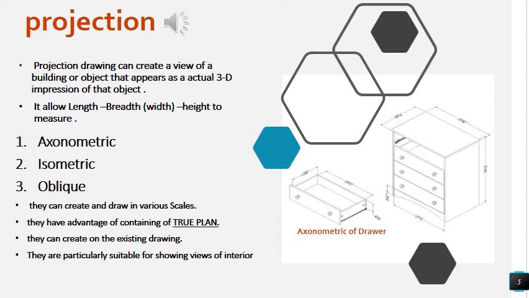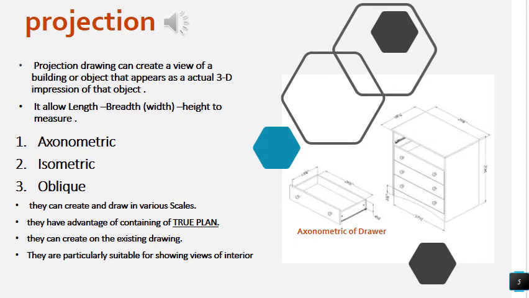or any scale you want. It depends on the object, how big your object or drawing is, and how small the object is that you are going to draw. On the right side you can see an image showing drawers or a cabinet.